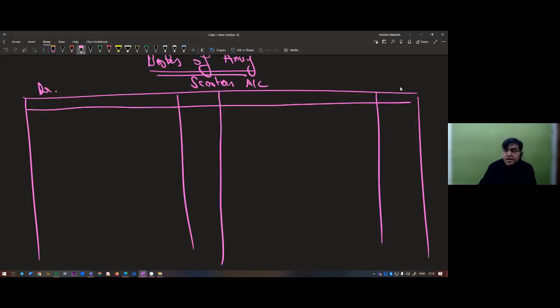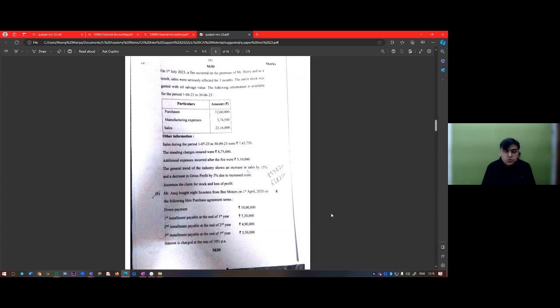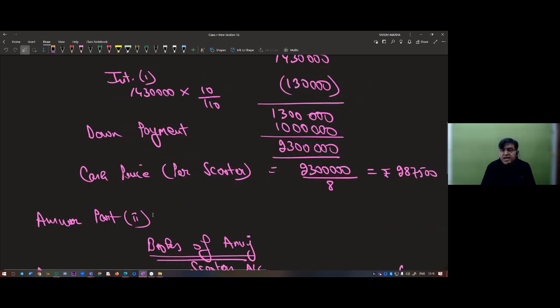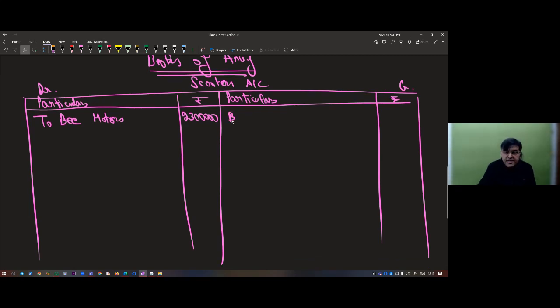Scooters account, debit, credit. The scooters are bought from B Motors for 23 lakhs. The down payment is by bank.